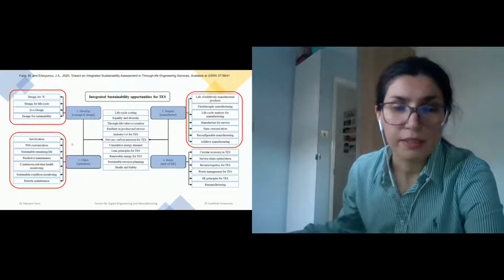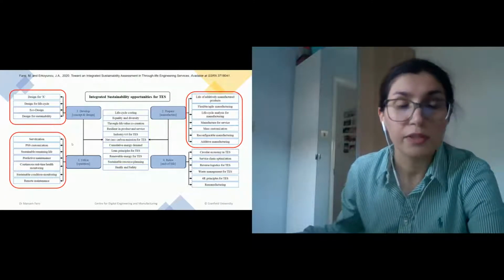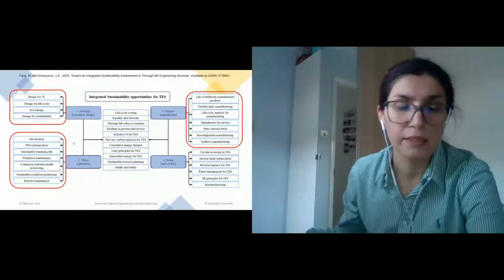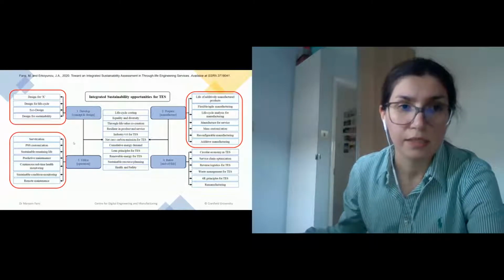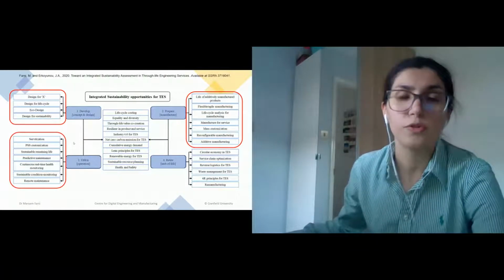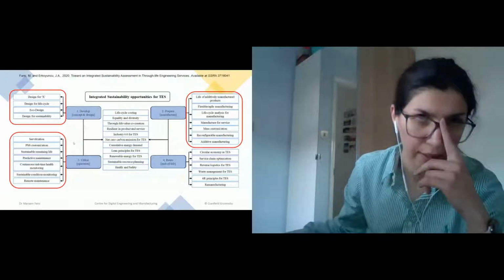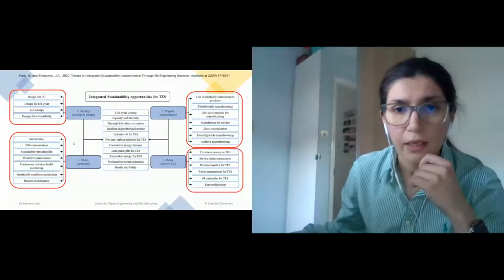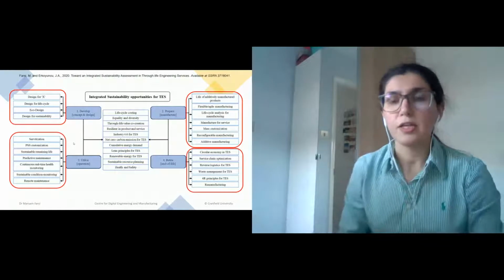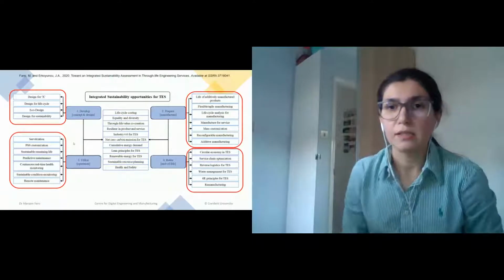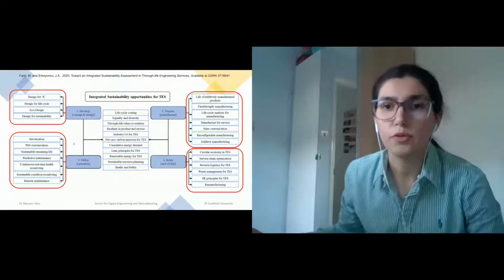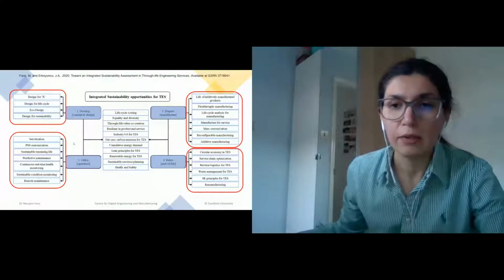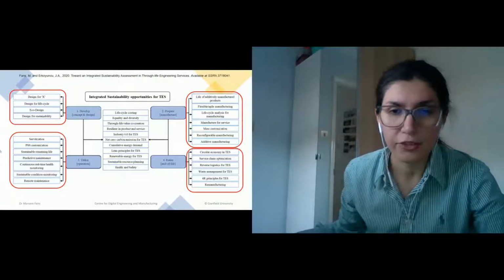At the operation stage, servitization is a key element when we are looking at the integrated sustainability, the PSS customization, sustainable remaining life, and also looking at more predictive and condition-based maintenance and remote maintenance. At the final retire stage, obviously the first thing is circular economy for TESS, and also the service chain optimization, reverse logistics, looking at the 6R principles, remanufacturing.